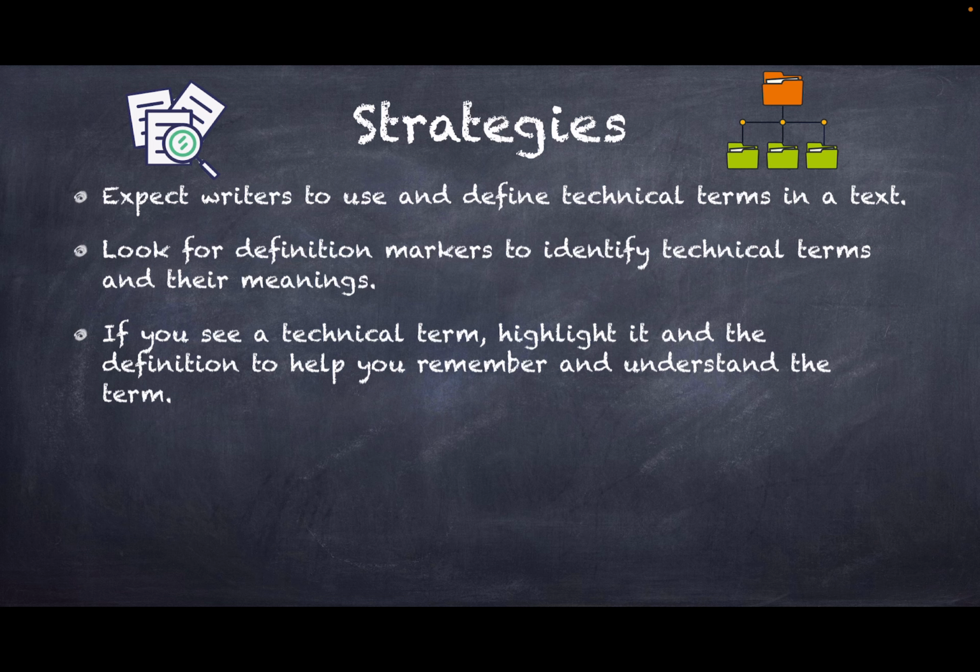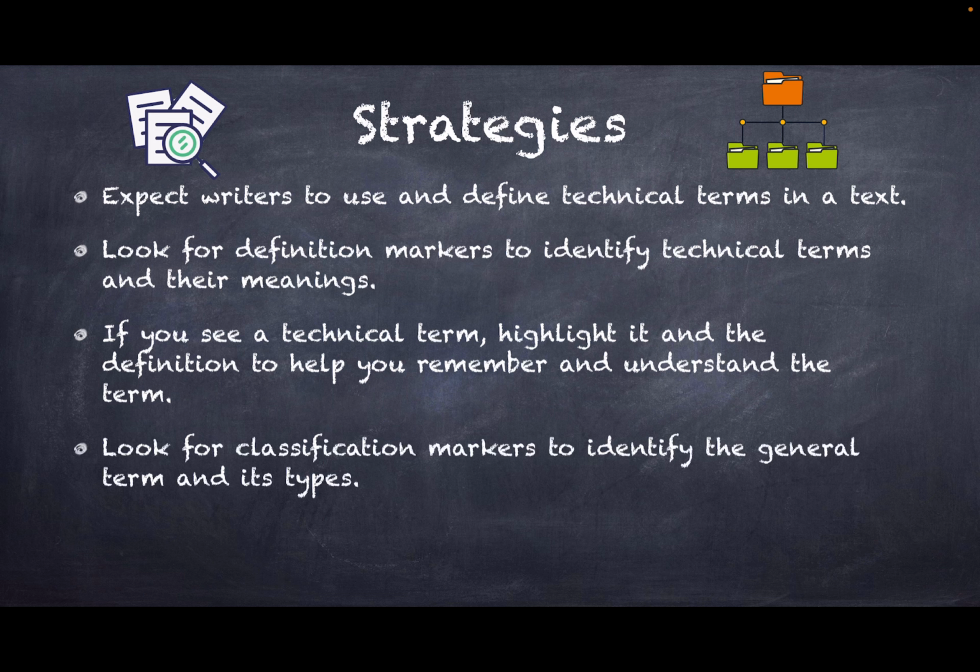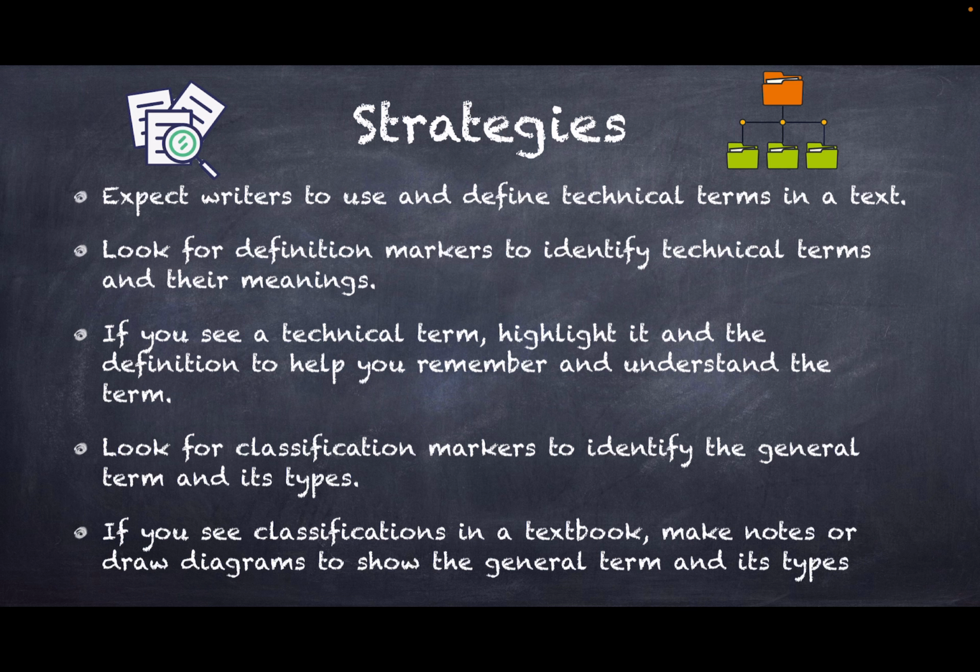If you see a technical term, highlight it and the definition to help you remember and understand the term. Also, look for classification markers to identify the general term and its types. If you see classifications in a textbook, make notes or draw diagrams to show the general term and its types so that it's easy for you to remember those.